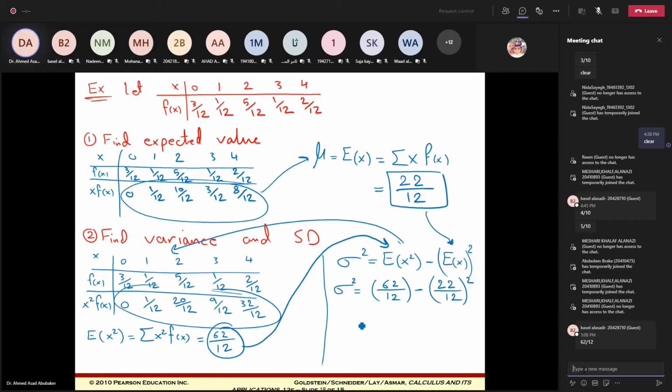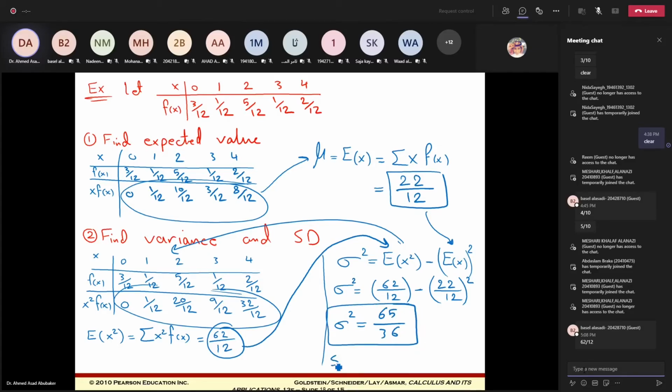After computing by calculator, we have 65 over 36. This is the value of the variance.